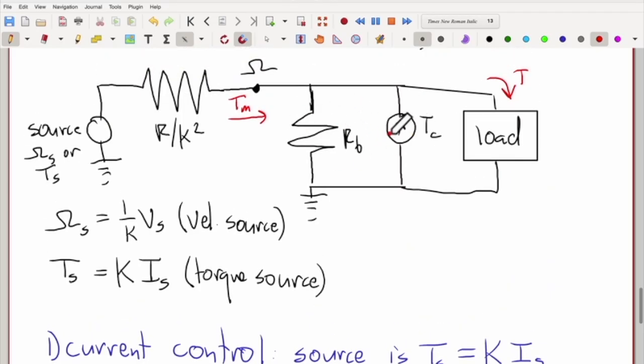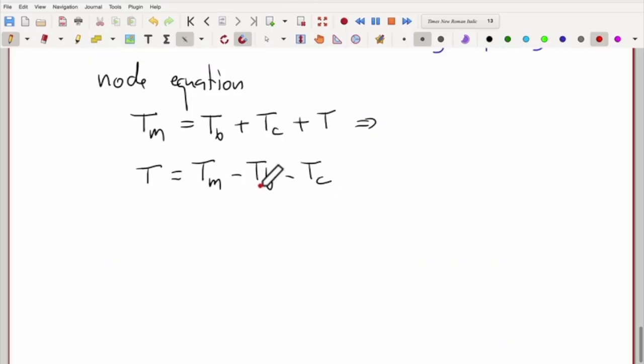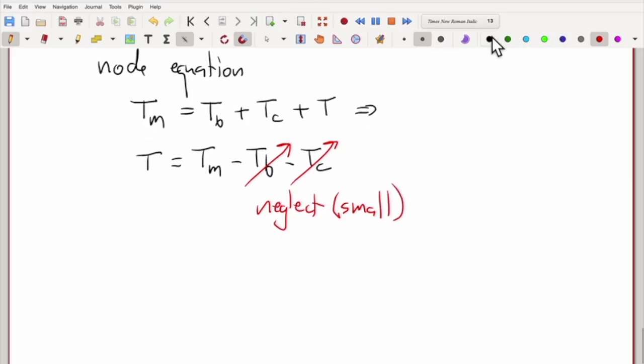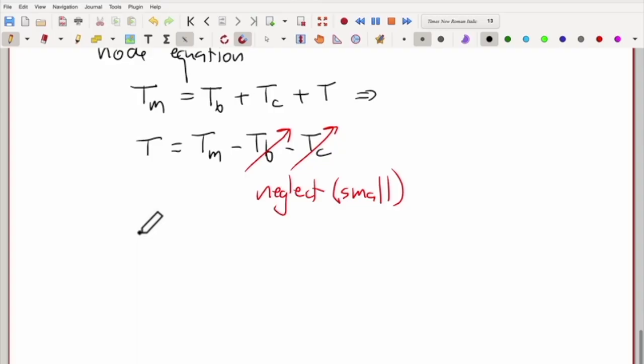And here it actually becomes quite informative to think about what happens if you just neglect them. What you get is that T is, in that case, roughly equal to Tm.